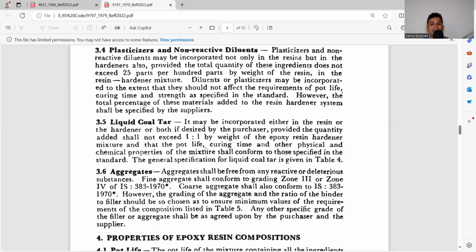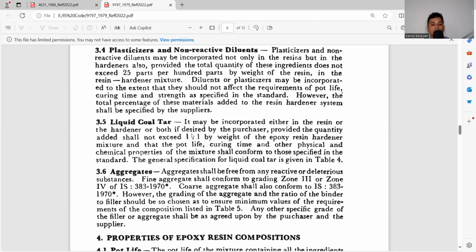Then liquid coal tar. It may be incorporated either in the resin or the hardener or both if desired by the purchaser, provided the quantity added shall not exceed 1:1 by weight of the epoxy resin hardener mixture, and the pot life, curing time and other physical and chemical properties of the mixture shall conform to those specified in table 4.